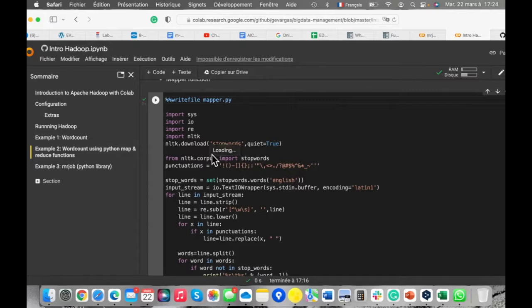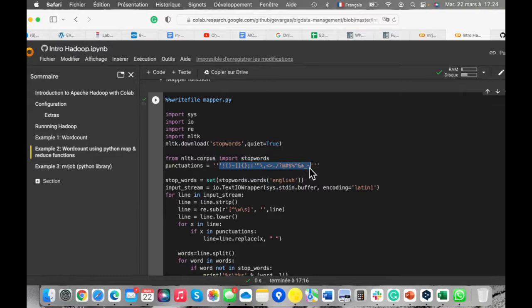And we have a very evolved thing, because Python already provides files with stop words in many different languages, and here we are using English. So it has German, French, Spanish, etc. So we are using this library to look at stop words and then punctuations. You see that here there is the hypothesis of the type of punctuations that we are expecting in the document.